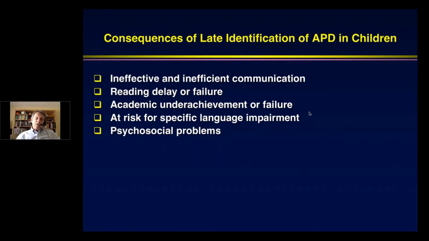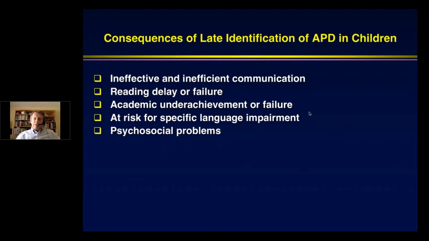So they're not children who are depressed by nature or having problems interacting with others and interpersonal problems by nature who then have APD. It's the APD that leads to the psychosocial problems. And we even found that children with language impairment don't have the same kind of psychosocial problems.